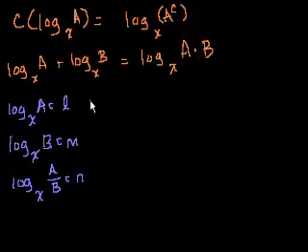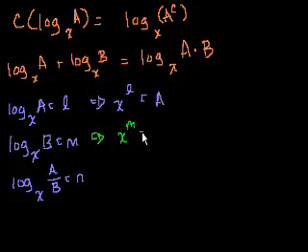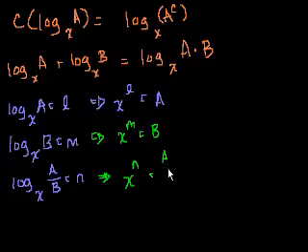And how can we write all of these expressions as exponents? Well, this just says that x to the L is equal to a. This is just saying that x to the m is equal to b. And this is just saying that x to the n is equal to a over b.